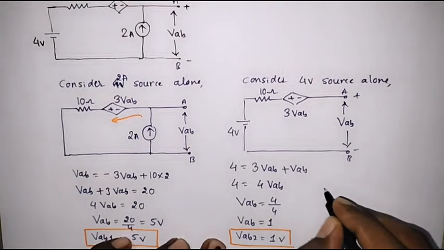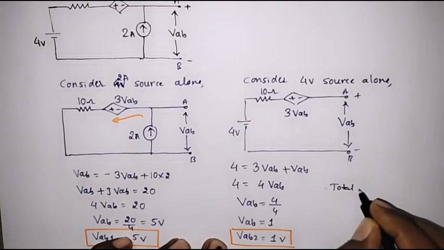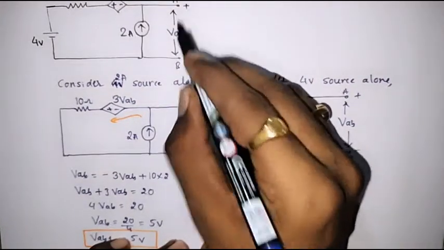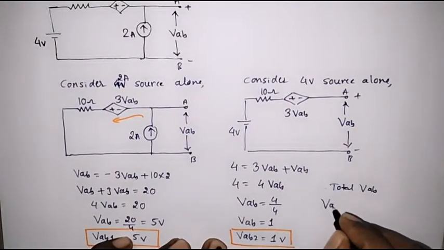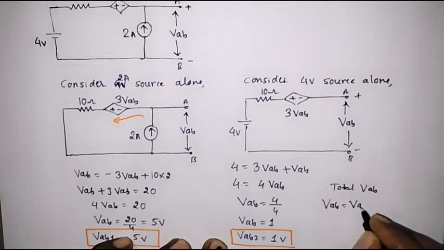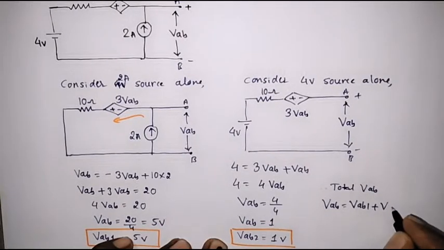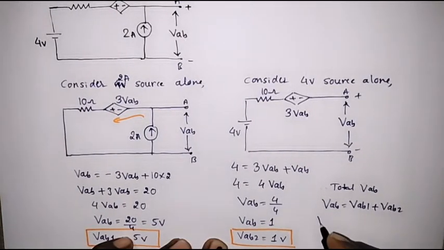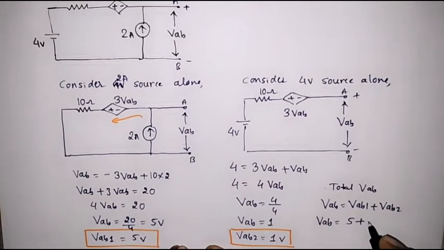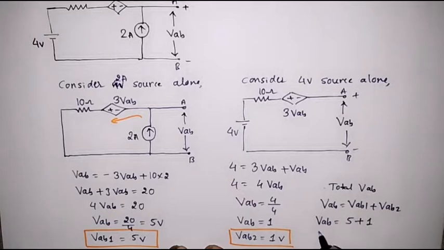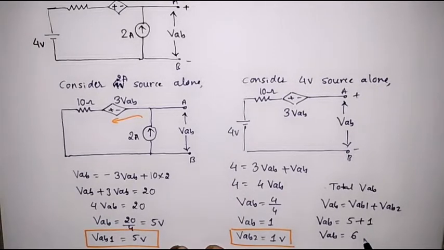Now therefore the total voltage between terminal A and B, that is VAB, is equal to VAB1 plus VAB2. Therefore VAB is equal to 5 volt plus 1 volt. Therefore VAB is equal to 6 volt.